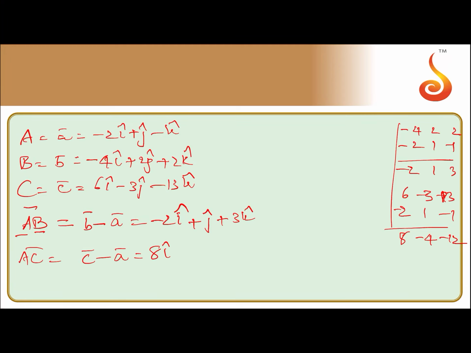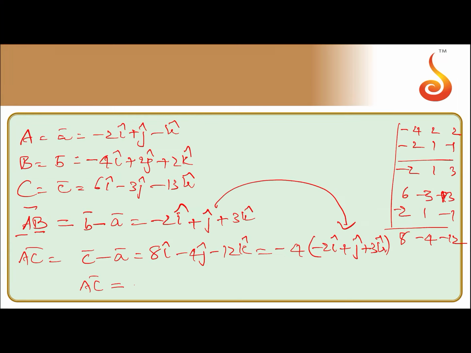Therefore 8i minus 4j minus 12k. From here, why can't you take minus 4 common? So you'll be getting minus 2i plus j plus 3k. So AC bar can be written as AC bar is equals to minus 4 times AB bar.